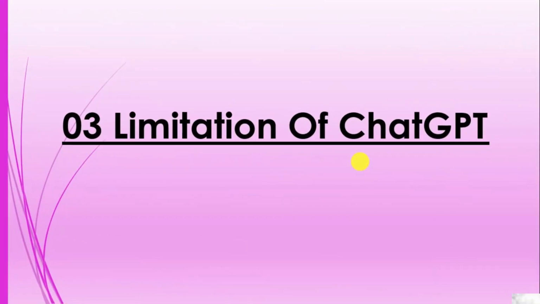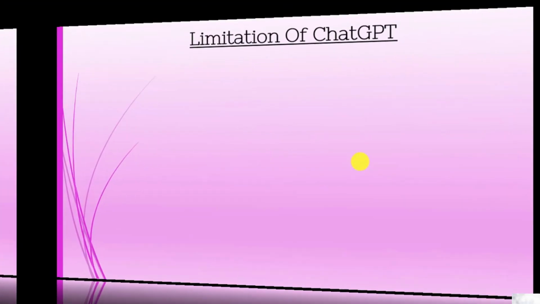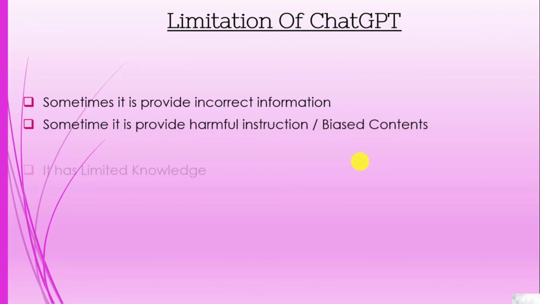The third part, we are going to learn the limitations of ChatGPT. There are three major limitations of ChatGPT. The first one is that sometimes it provides incorrect information. It means that if you ask a question, sometimes it will provide incorrect information. So that is the first limitation. The second limitation is that sometimes it provides harmful instructions or biased content.